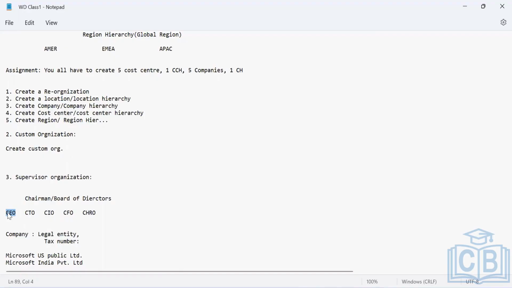Then you have the CFO, which is Chief Financial Officer. This also is a very important position, and their responsibility is to maintain the finance. Although they will have a very small team, not necessarily a very big team. Every location may have 1 or 2 accountants, not more than that.